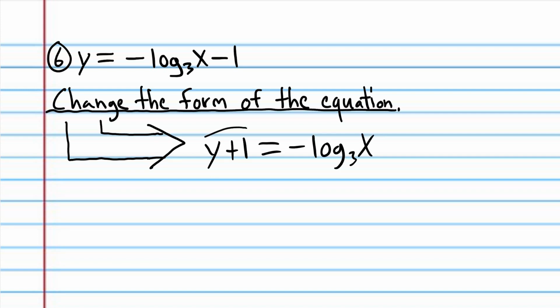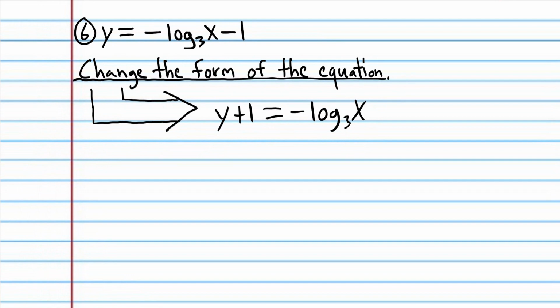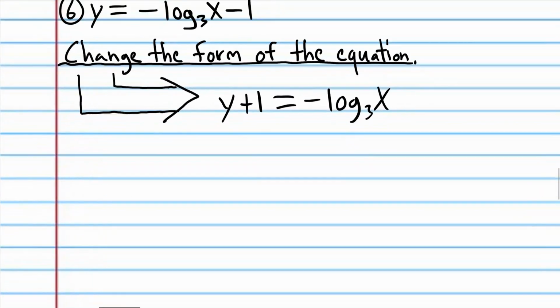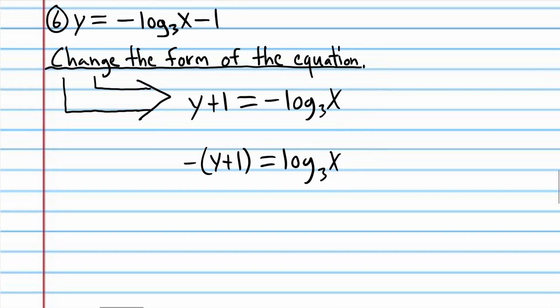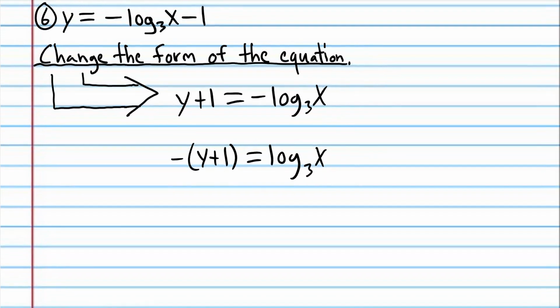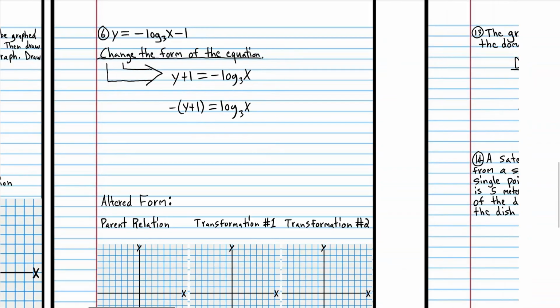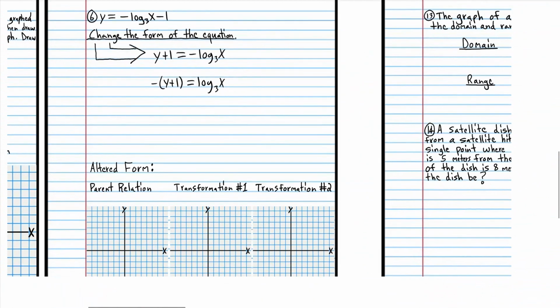Well, now we can see we're just adding 1 to y. So we're on the right track. If we divide both sides by negative 1, or multiply both sides by negative 1, then we get the following equation. And if we write the negative on y first and then add 1, we can see how to graph this.